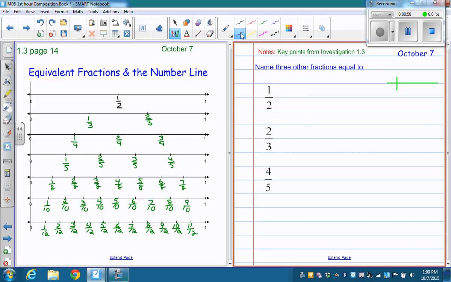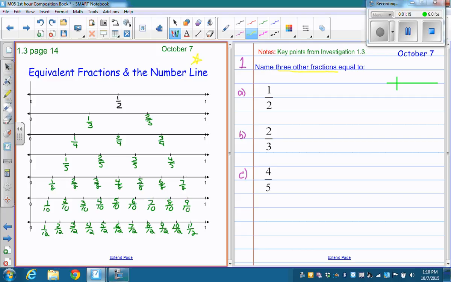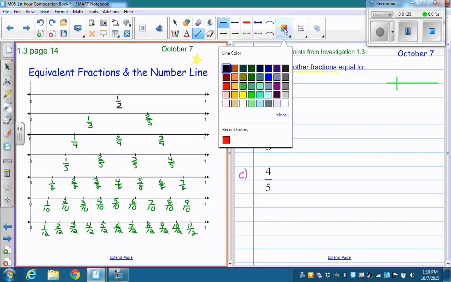So we could call this problem 1, and this part A, part B, and part C. So we're going to name 3 other fractions equal to each one of these fractions. And the first way I'd like you to do that is with this chart over here, because this chart gives you a nice conceptual understanding or a nice visual picture of what it means for fractions to be equal.